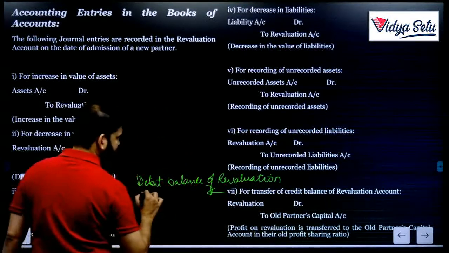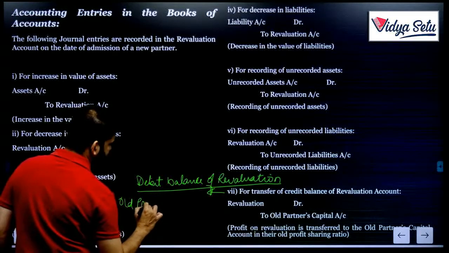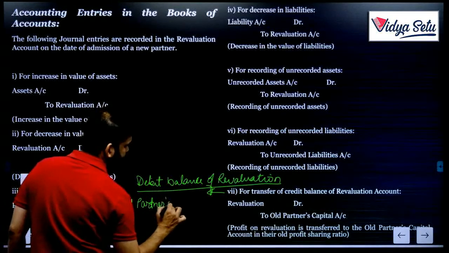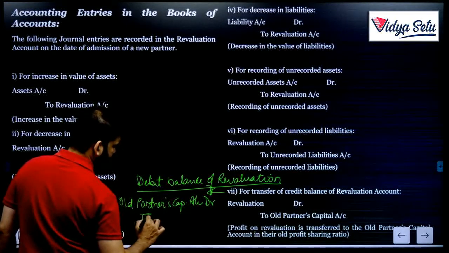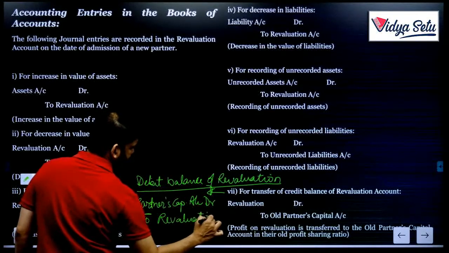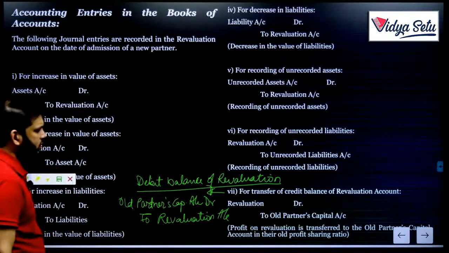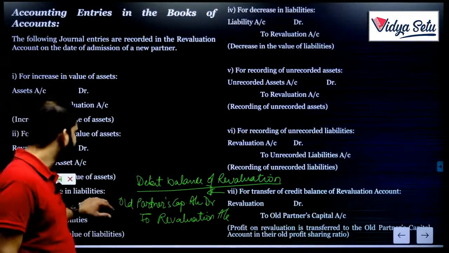In case of debit balance of revaluation, what will be the entry? Old partners' capital account debit to revaluation account. This is the last entry. I guess I have not incorporated this in this slide.